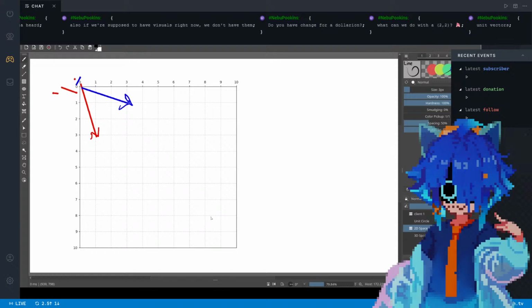It'd be nice if we could find some vector that goes between them, right? Well, let's look at what happens when we do some subtraction. So let's write down the vector 1, 3 and the vector 3, 1. Oops, those are colored backwards.